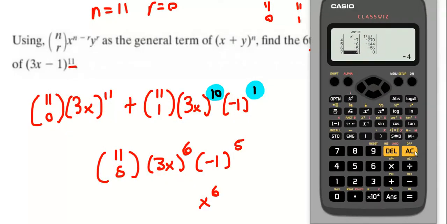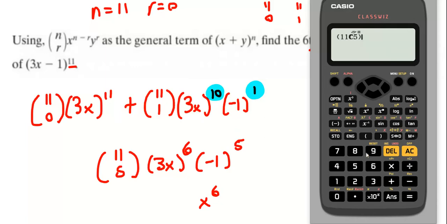Okay, so if you whip out your calculator there. 11c5 is a function on your calculator. So it's 11 choose 5.